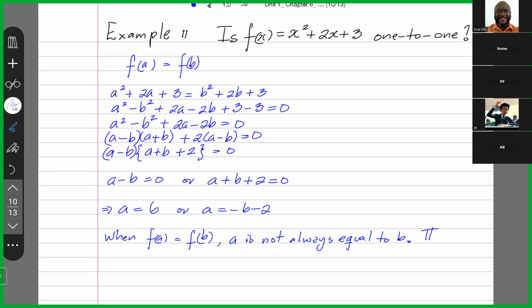Therefore, f of x is equal to x squared plus 2x plus 3 is not injective.